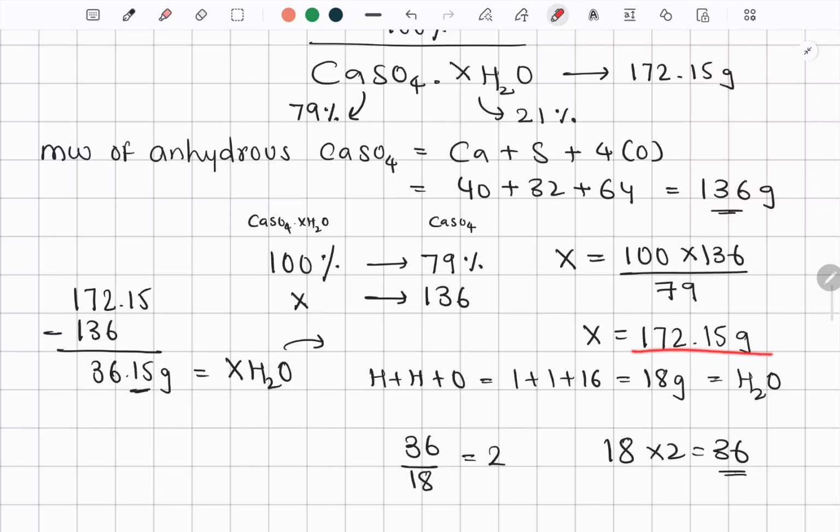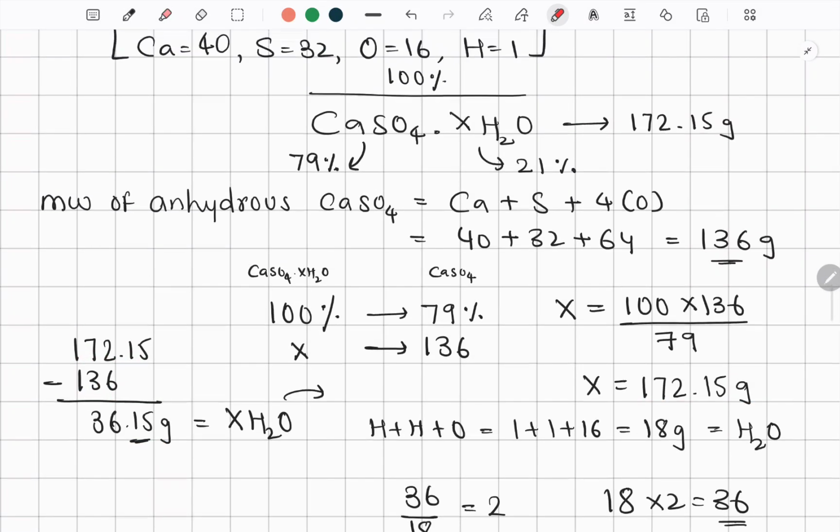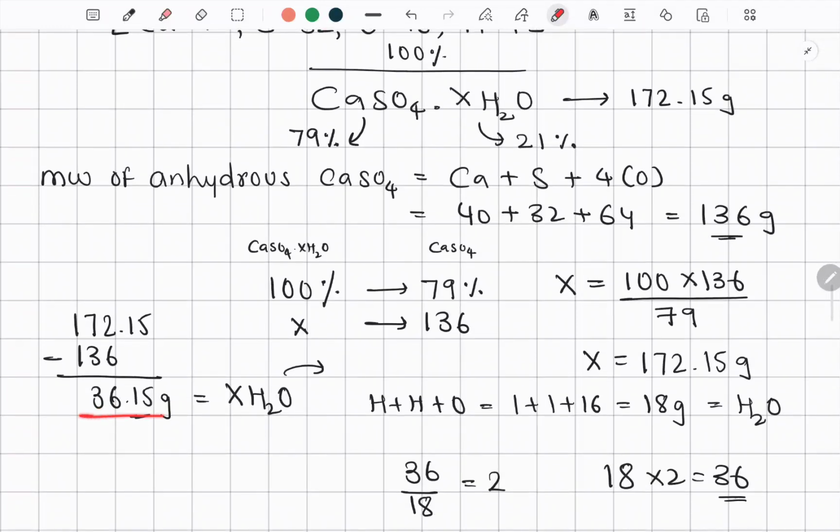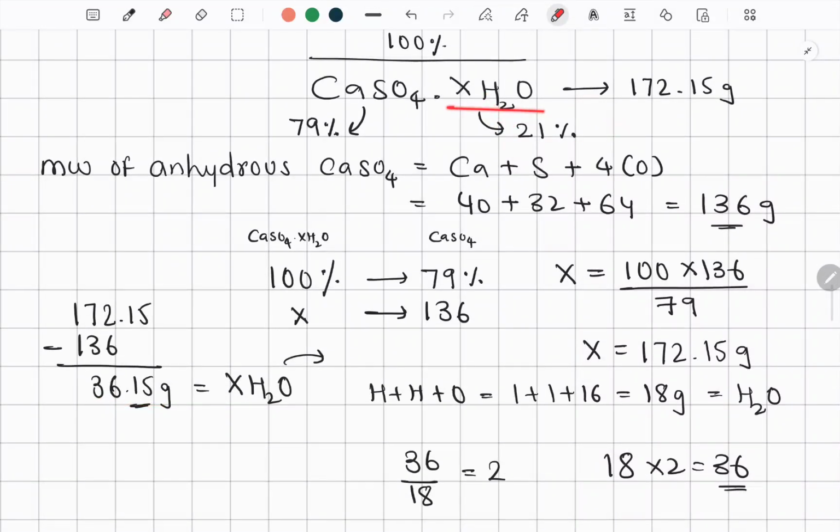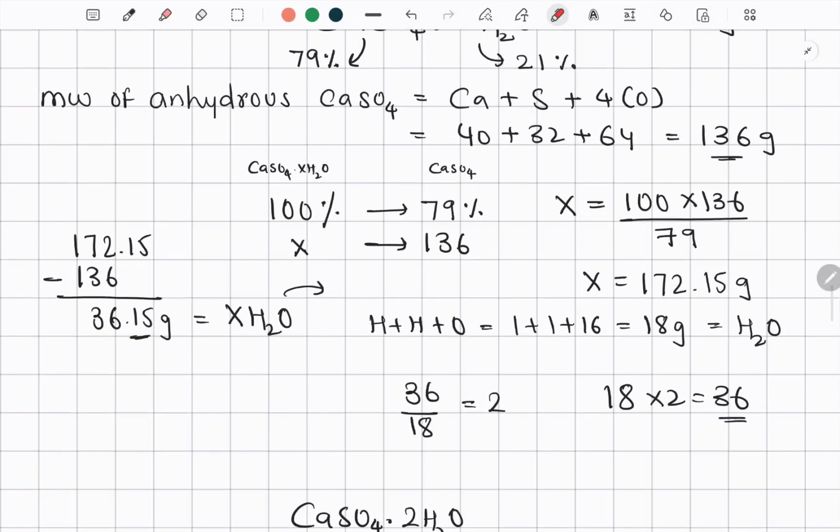From this total weight we subtracted the anhydrous part and we got the value of the hydrated part. The weight of the hydrated part was 36.15 gram. And as we know the weight of one water molecule is 18, so we divided 36 by 18, and we got the answer is equal to 2.